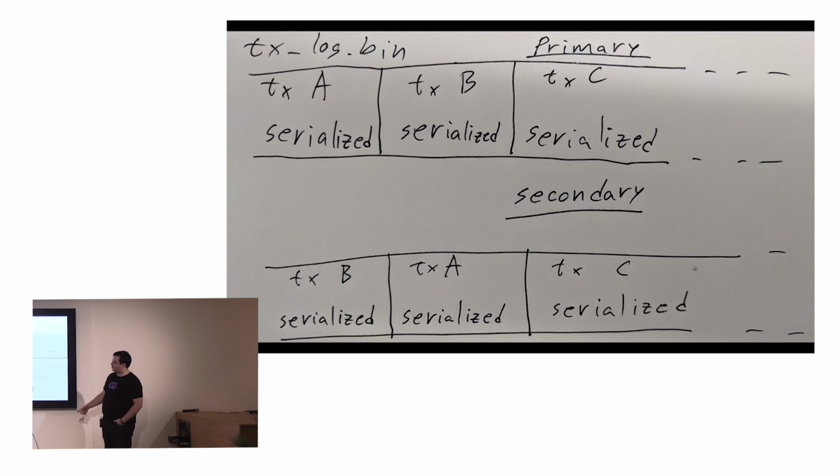But things become really tricky if you need to catch up a secondary. So imagine that the primary fails, and you fail over to a secondary, and maybe there's another secondary, and now this secondary also fails. And now you have 3 different transaction logs. This secondary comes back up. And at this point, you don't necessarily want to send everything to it from scratch, because that could take a long time.